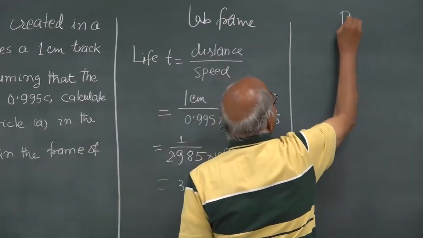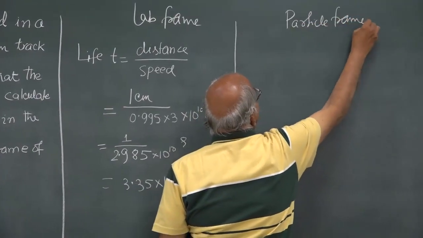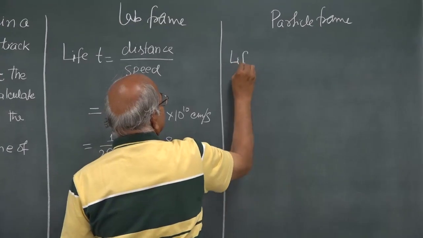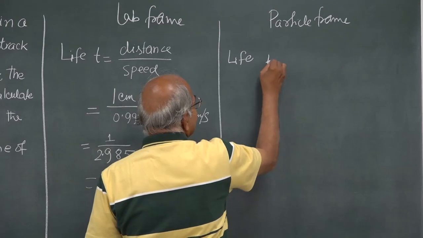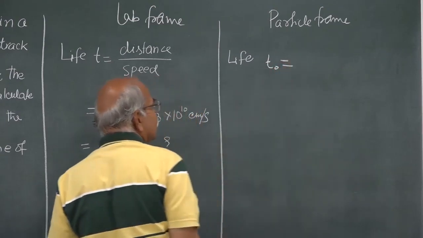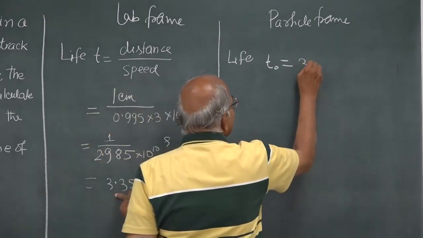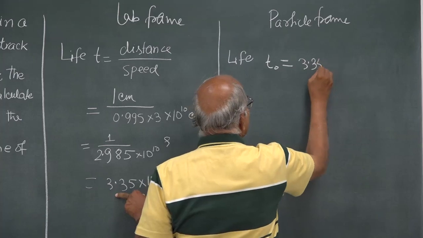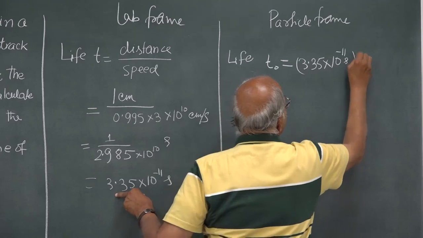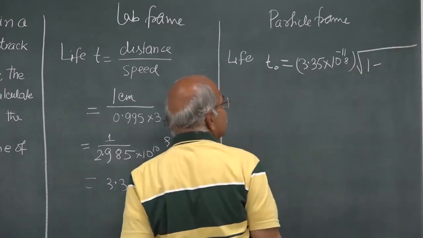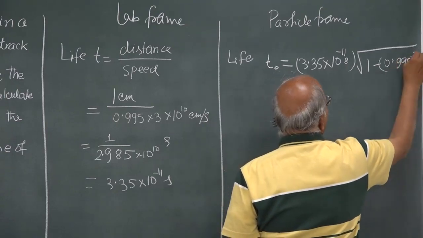So, this is in the lab frame, and then in the particle frame, that same time interval, life, particle created to particle decayed, that same time interval is proper time interval, and proper time interval is the smallest one, and therefore it will be this 3.35 into 10 power minus 11 second, multiplied by square root of 1 minus v by c, which is 0.995, squared.